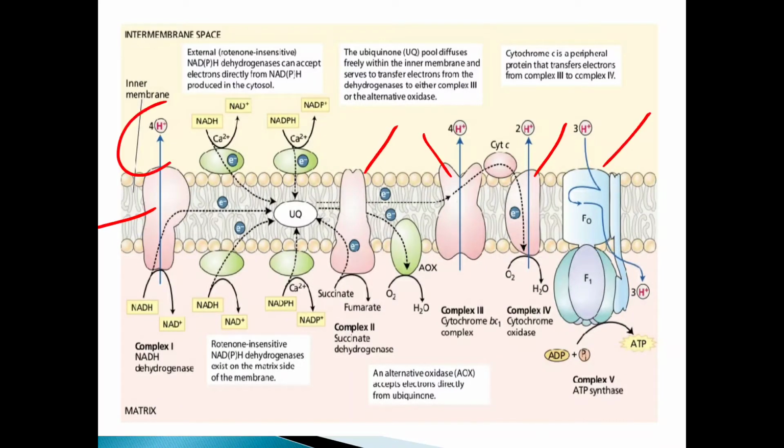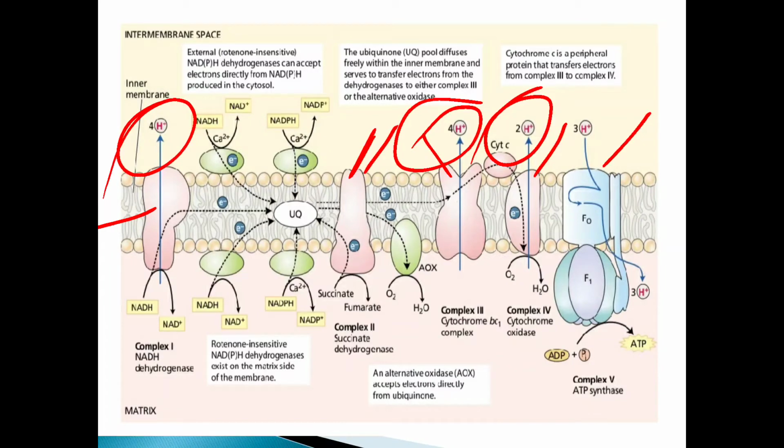So 4 H positive ions are released from here, 4 H positive ions from here, and 2 H positive ions are released from the first, third as well as fourth, not from the second. The second does not release any, just the 1st, 3rd and 4th help in leading to the increase in the H positive ions concentration towards the intermembrane space region, and that will generate the proton motive force because there is a higher concentration of the H positive ions towards the intermembrane space region compared to the matrix region.